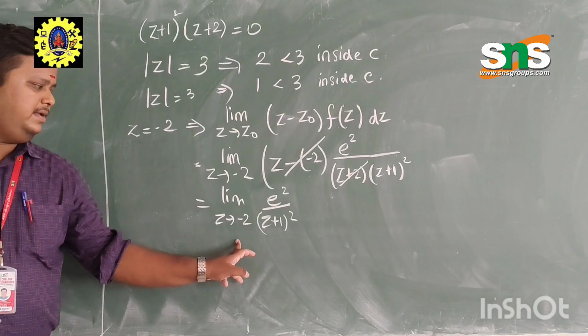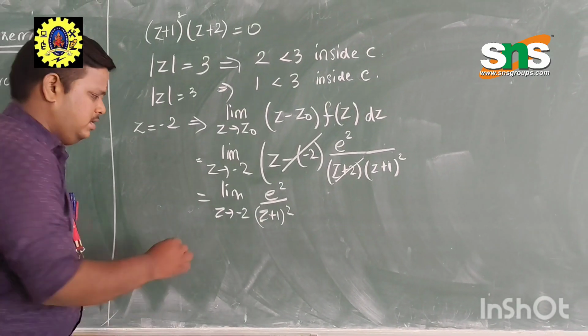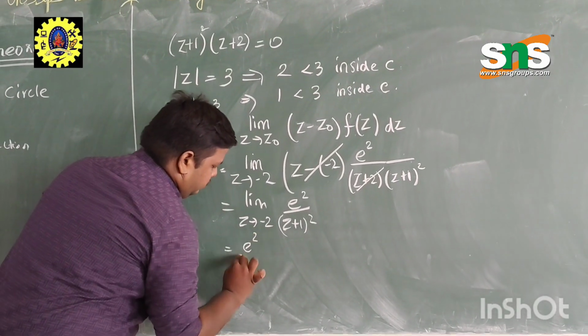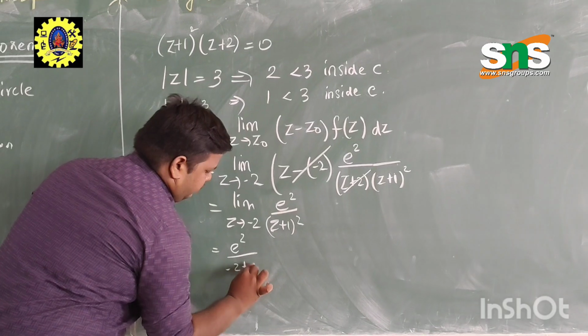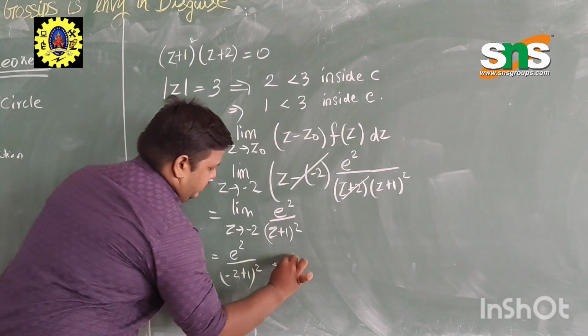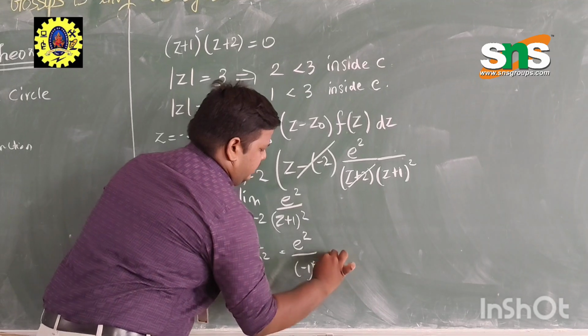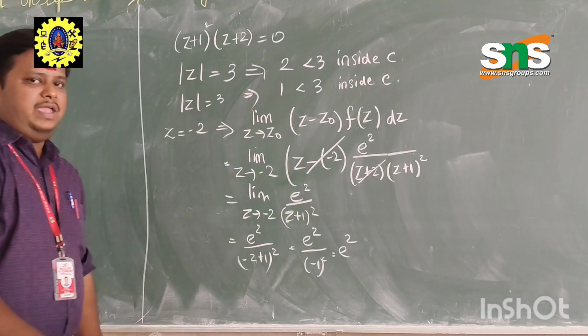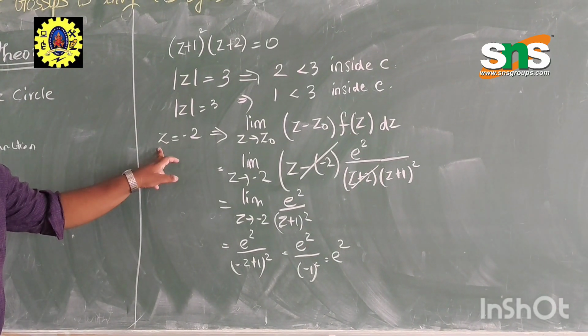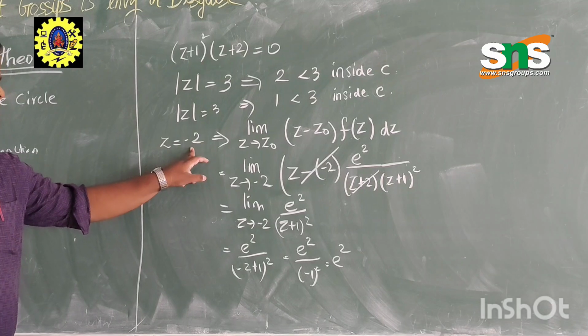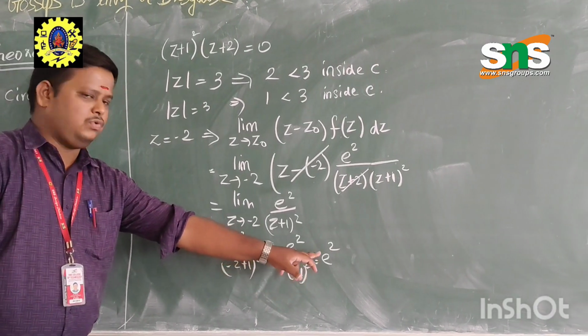Applying the limit, I get e square divided by (minus 2 plus 1) the whole square, which is e square divided by (minus 1) square. So the residue at z is equal to minus 2 is e square.